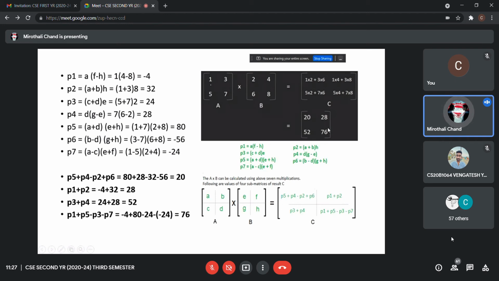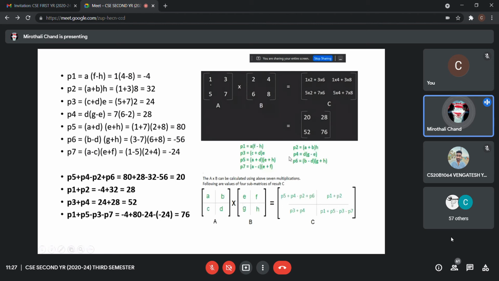Final answer will be 28. So same 28. P3 and P4. P3 is C plus D into E, which is 5 plus 7 into 2, which is 24, and P4, which is D into G minus E. So 7 into 6 minus 2, which will be 28. 24 plus 28 is equal to 52.